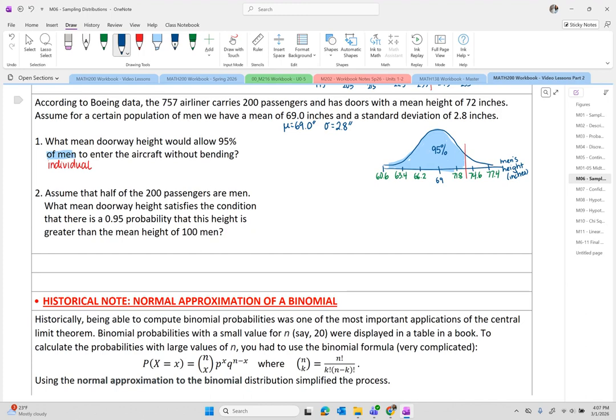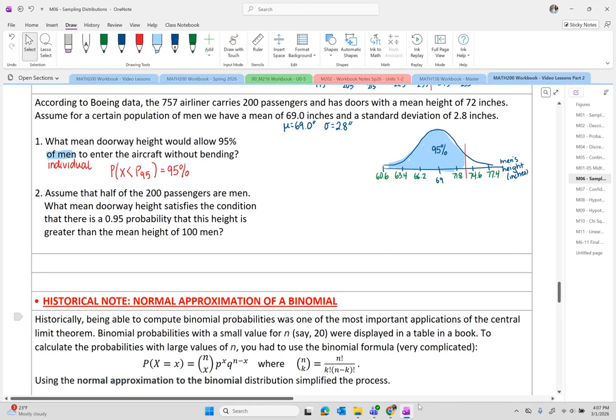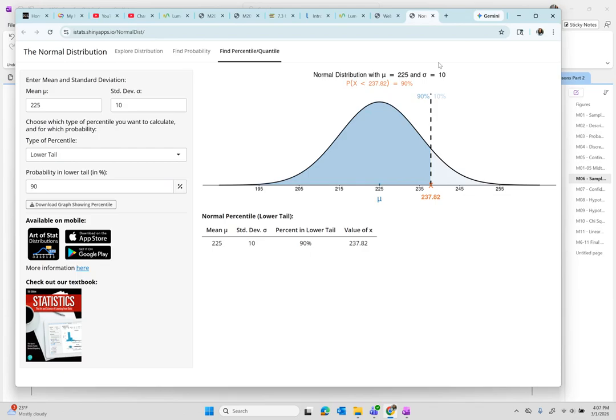And we want to know what the height of the door will be so that 95% can go without bending. So the question is, what's the probability that x will be less than the P95? And that probability will obviously be 95% or 0.95. So I'm looking for a percentile quantile, the 95th percentile more specifically. So I'm going to stay in the find percentile quantile.